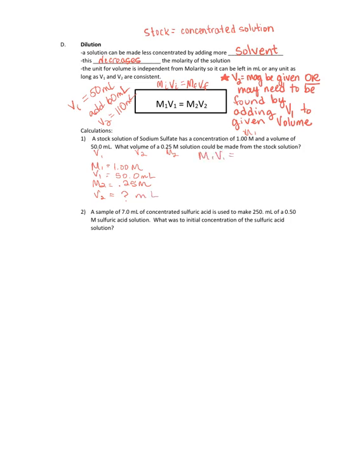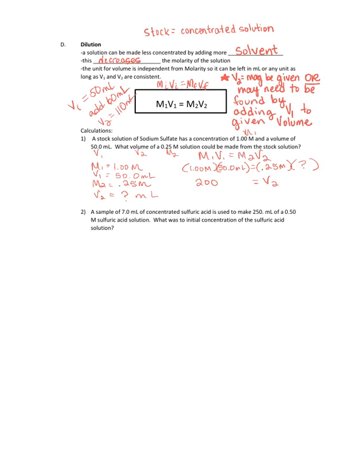My equation: M1 V1 equals M2 V2. We're going to plug and chug. M1, 1.00 molar. V1, 50.0 milliliters equals M2, 0.25 molar. V2, question mark. We multiply 1 times 50, divide by 0.25, and we get a V2 equal to 200.